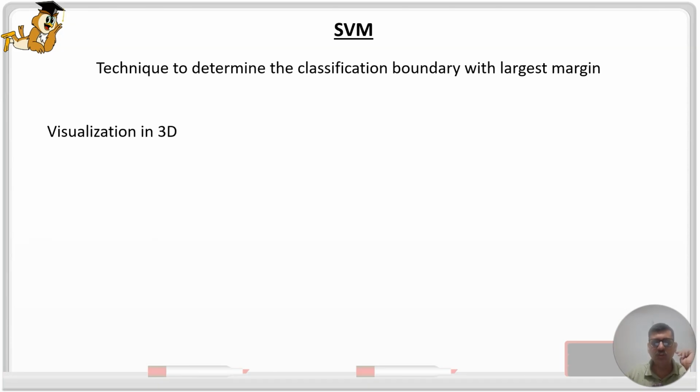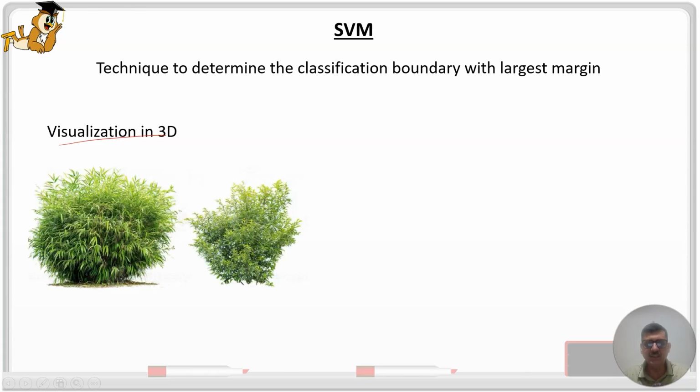So how do I visualize in 3D? I was looking for illustrative examples to show this thing in 3D. And the best example I came up with was looking at 2 adjacent bushes.